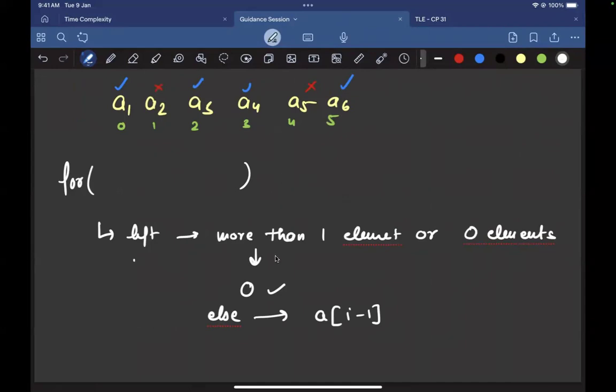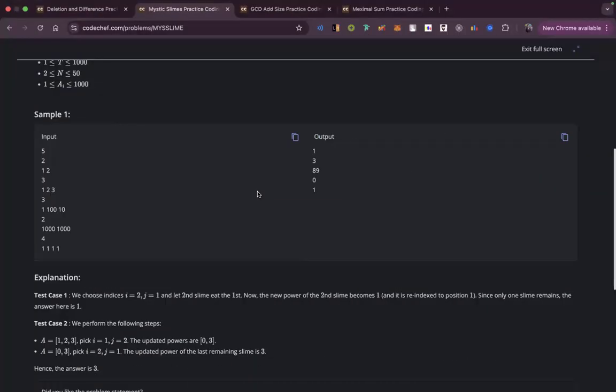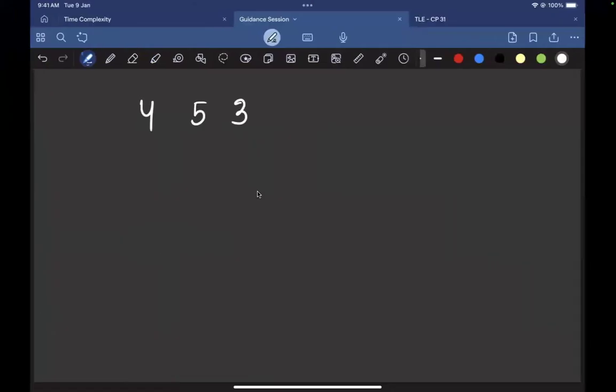4, 5, 3. That is a good case, we can take it. So anybody who's watching this, now 4, 5, 3. Let's say I make sure that I talk about 5.